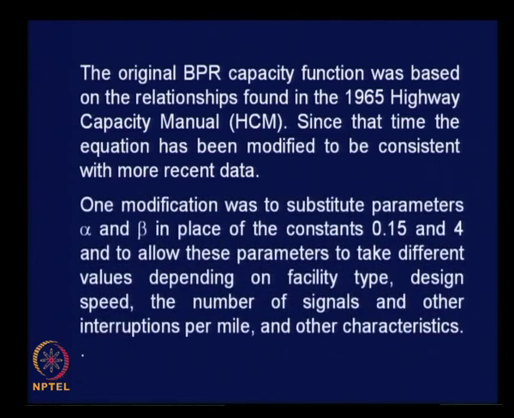One modification was to substitute parameters alpha and beta in place of the constant values of 0.15 and 4, and to allow these parameters to take different values, depending on facility type, design speed, the number of signals and other interruptions per mile, and a few other roadway and traffic characteristics.